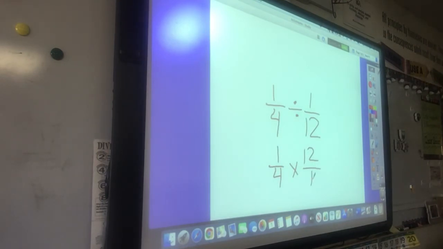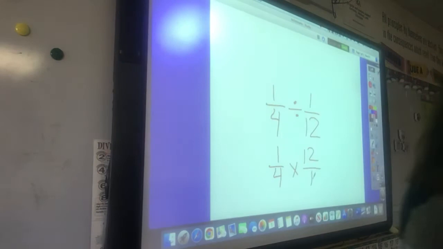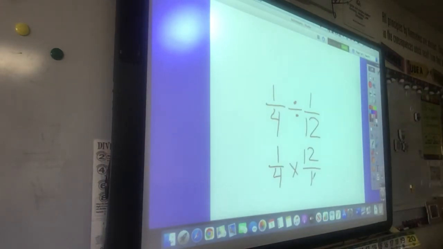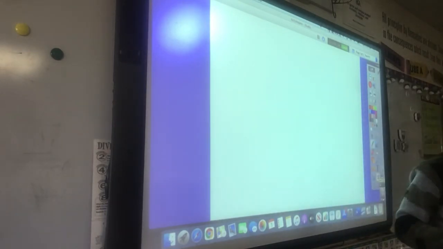So what happens when we cancel the 12 and the 4? Hattie? 4 can go into 12, so that'll be 1, and 4 can go into 12, will be 3. Can I say the answer? The answer would be 3. Got it, the answer's 3. The 4 becomes a 1, the 12 becomes a 3, and all we have left is 3 times 1, which is 3.